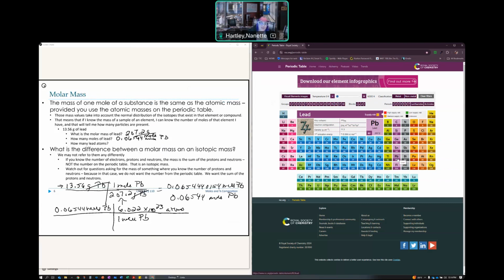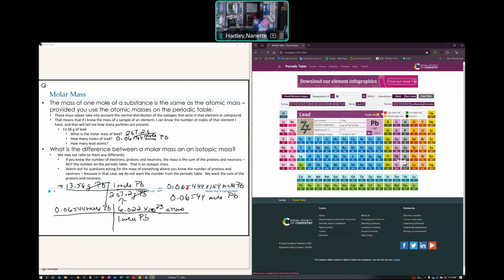Now, am I going to use the rounded number that I calculated, the 0.06544, to do this calculation? Or should I use everything that it spit out on my calculator, i.e. this number right here? I should use the number that's still in my calculator.